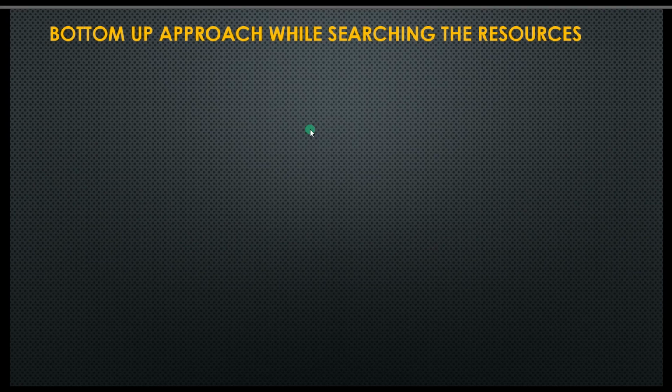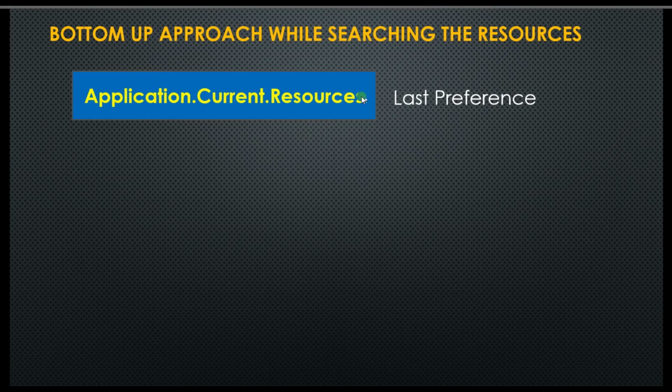So we have seen that the topmost or the last preference is your application.current.resources. If you put some values in your application.current.resources, that will be the last place where your application will try to find. If you assign some keys and they are not found anywhere else, it will come here, that is your last resort. Even if it is not present there, then it will throw an exception saying that no, I'm not able to find this key. So that is your last preference.